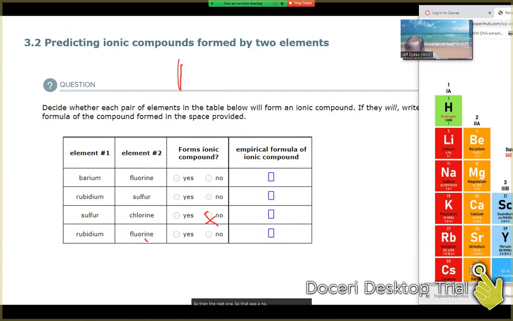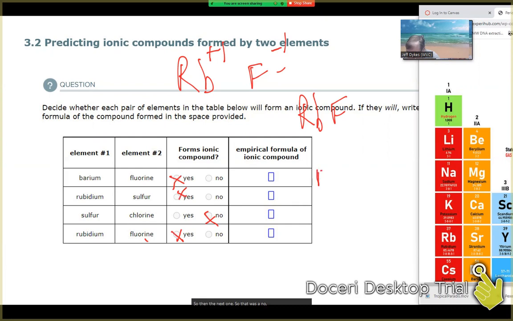So rubidium was the +1, and then fluorine is the -1 because it was group 7. And then your 8 minus 7 is going to be the -1. So rubidium fluoride. And then this is the formula, RbF.